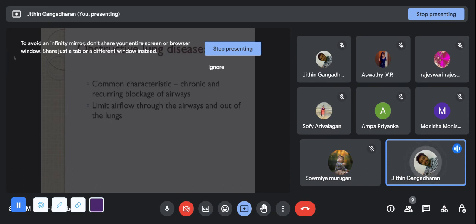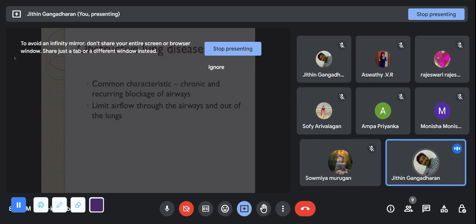The blockage of the airways can be because of mucus plugs. Any mucus plugs may cause such kinds of obstructions, or it may be because of fluid which is filled in the respiratory system. Usually, it is happening because of the mucus plugs, and it limits the airflow through the airways.